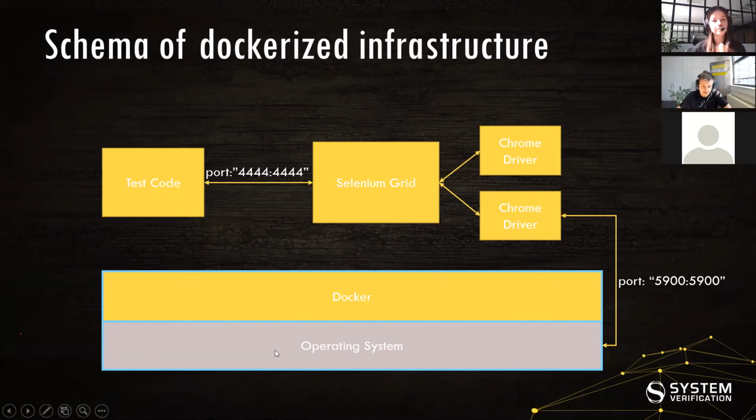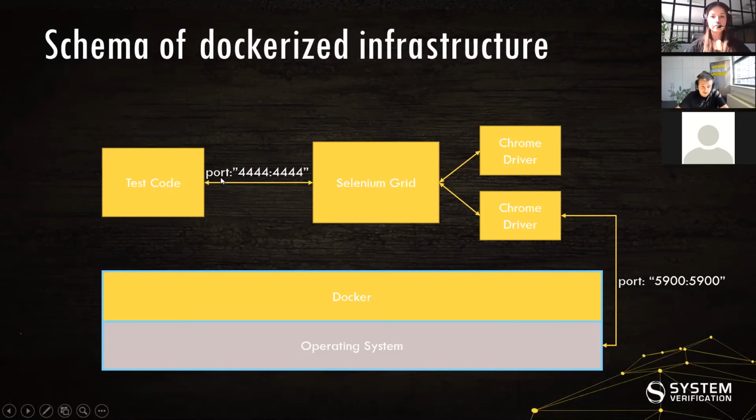So I can't really attach to this container when it's running. I can go through Docker and go inside the container and see what's inside, but I can't see it from the outside world, from the operating system. So this port for us is for the container to be available to the outside world.